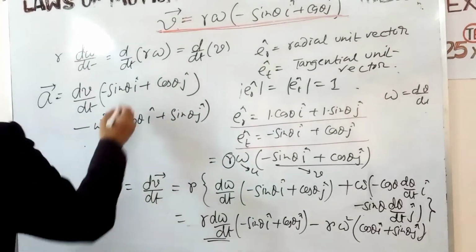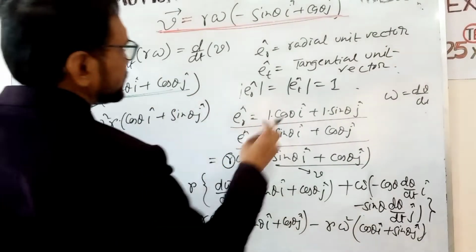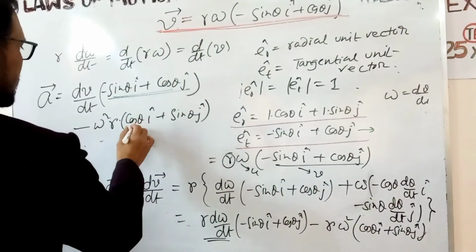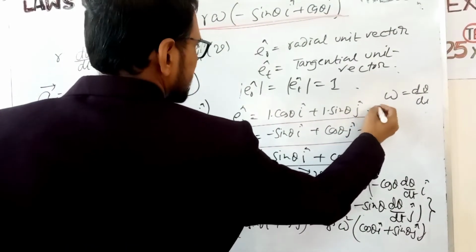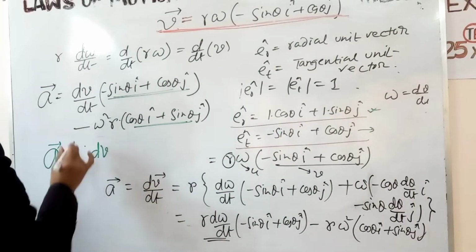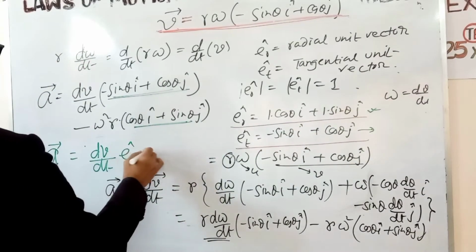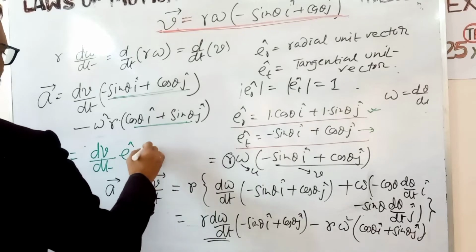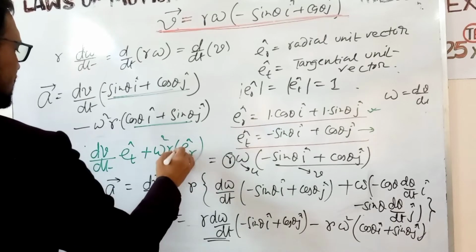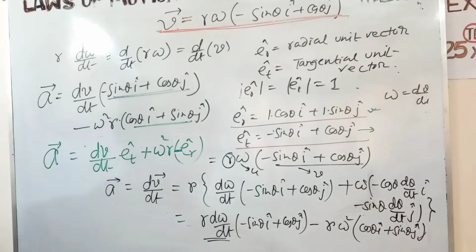So note this vector. What is this vector? This vector is et, the tangential unit vector, and this vector, cos theta i plus sin theta j, equal to minus er. So acceleration a equal to dv by dt et plus omega square r times minus er.